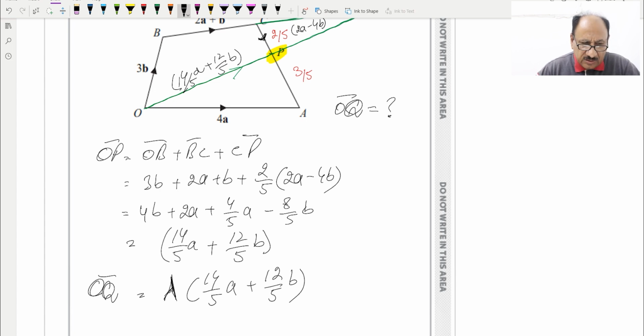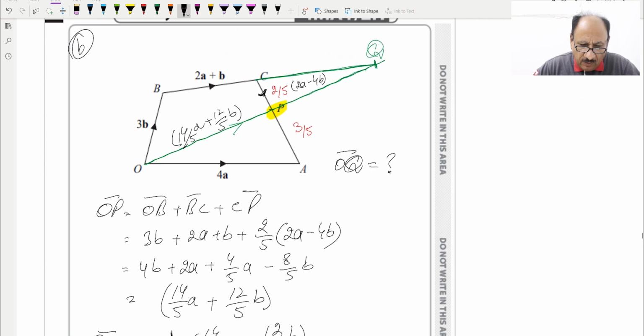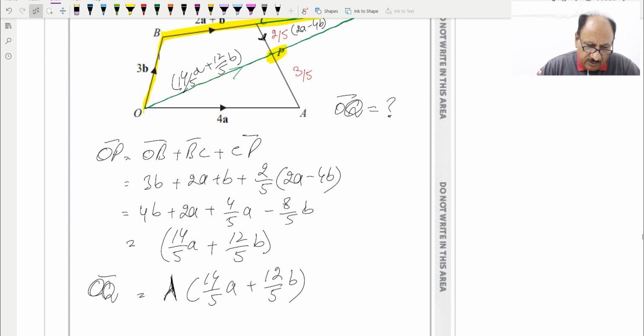So lambda is the constant which we have taken. So now we can take the other route. OQ will be equal to OB plus BC, or mu times BC. So what we are doing, we are taking this other route, which is OQ is equal to this one and this one.